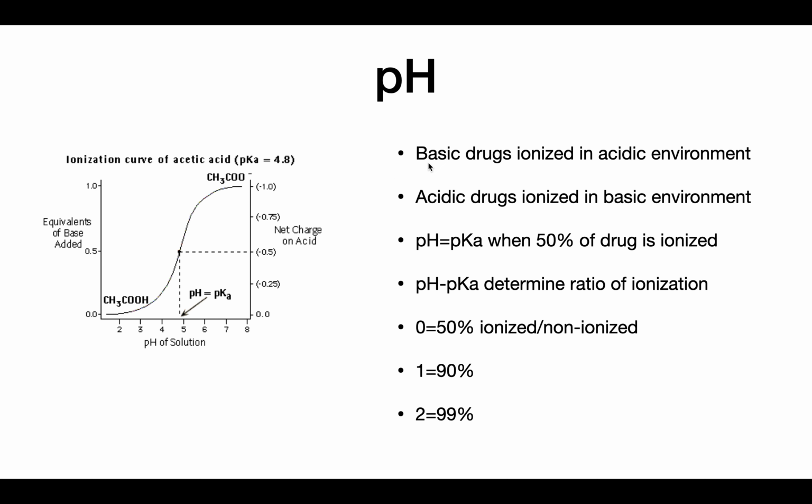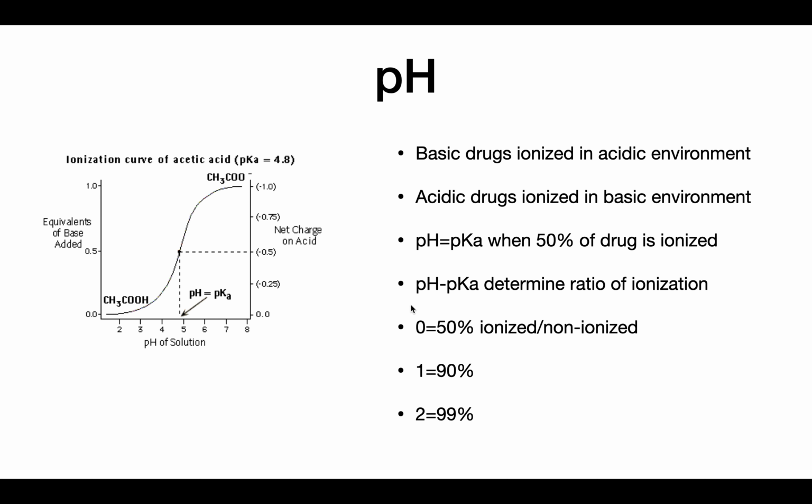Basic drugs are going to be ionized in an acidic environment, of course, because the acid is going to give the base hydrogen, and acidic drugs are going to be ionized in a basic environment because the acidic drugs are going to be giving away the hydrogen. When the pH is equal to the pKa, 50% of the drug is ionized, and pH minus pKa determines the ratio of ionization.